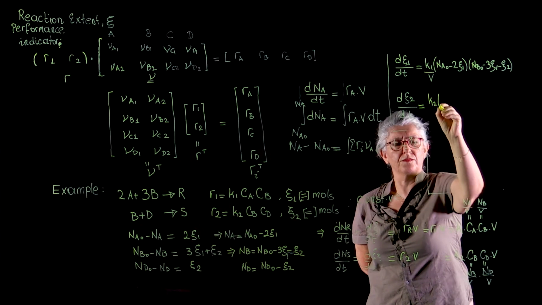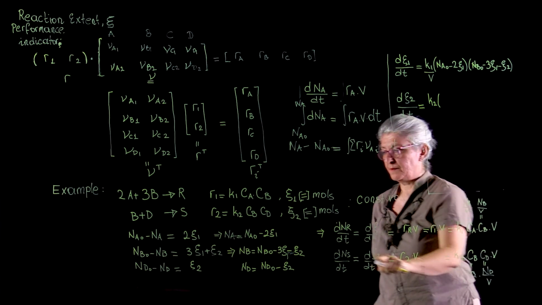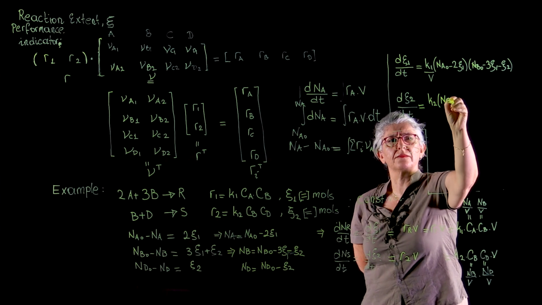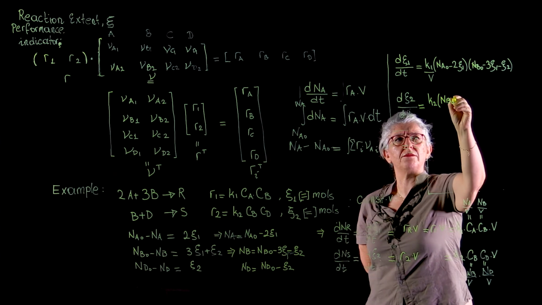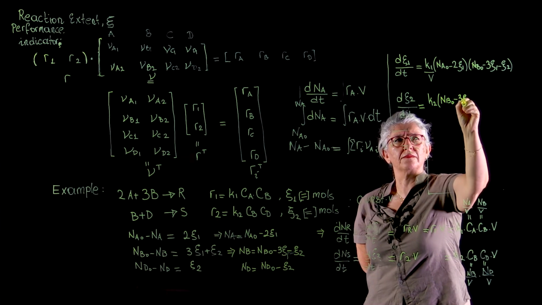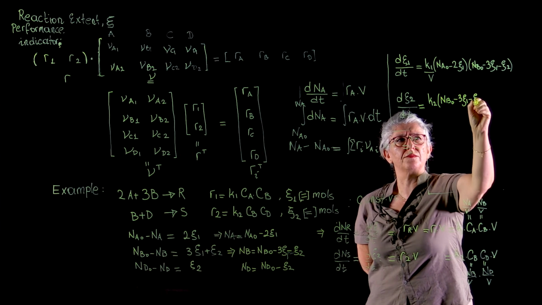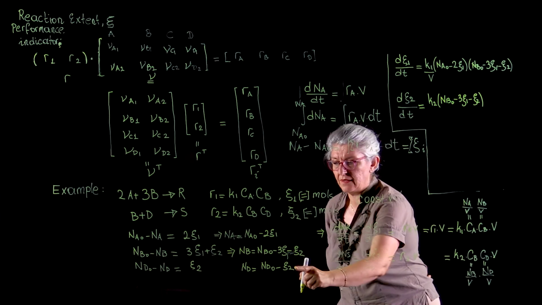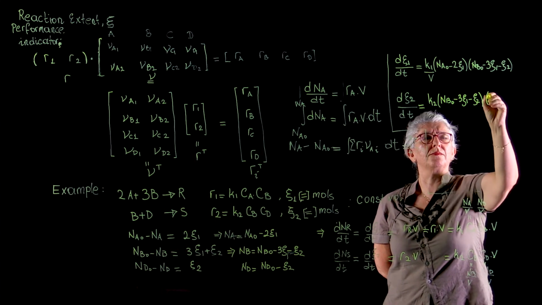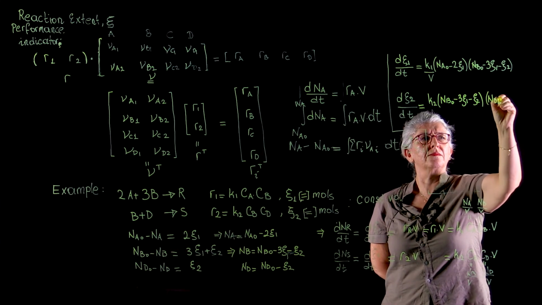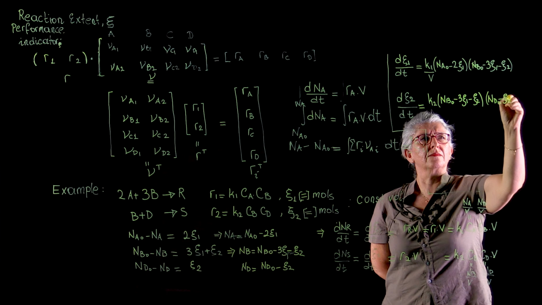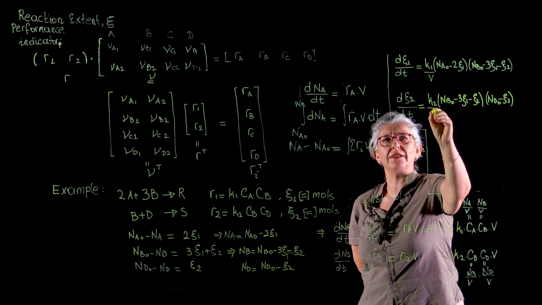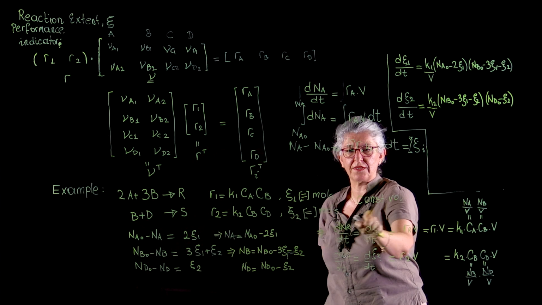K2 times Nb0 minus 3 Psi1 minus Psi2 times Nd0 minus Psi2, divided by V square multiplied by V divided by V. Volume is constant.